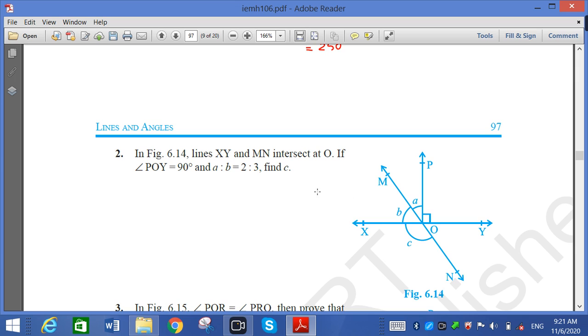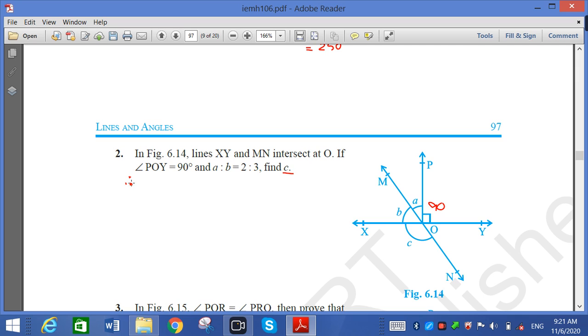What we have to find out is C. But if I find out B, then it is a linear pair, B plus A is equal to 180. So how can we find out B? First of all we have to find A plus B, because POY is equal to 90. Another angle XOP is also 90.